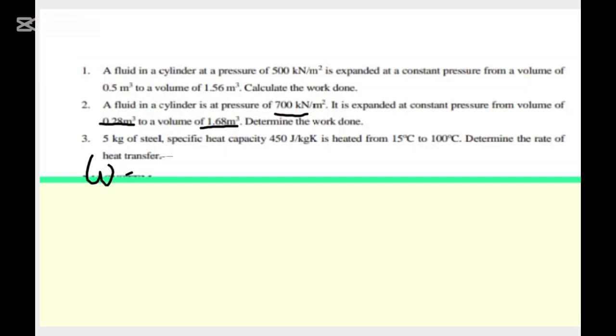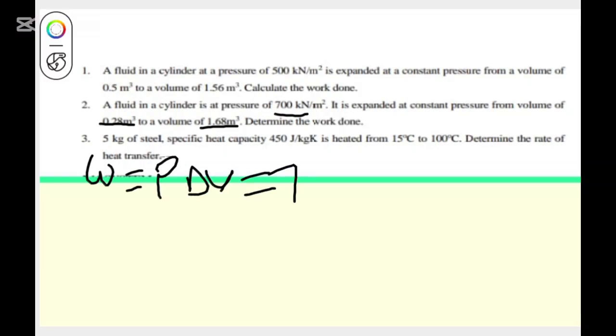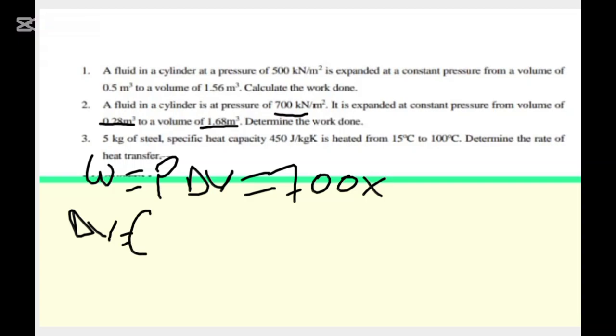So work done is the same thing as pressure times delta V, which is the same thing as pressure, which is 700, multiplied by delta V, which, as I said, is the same thing as V2 minus V1.